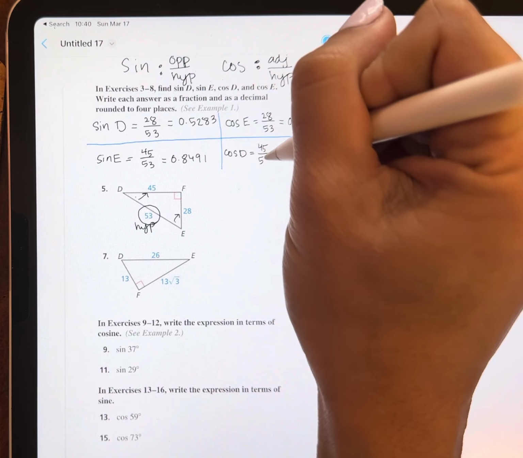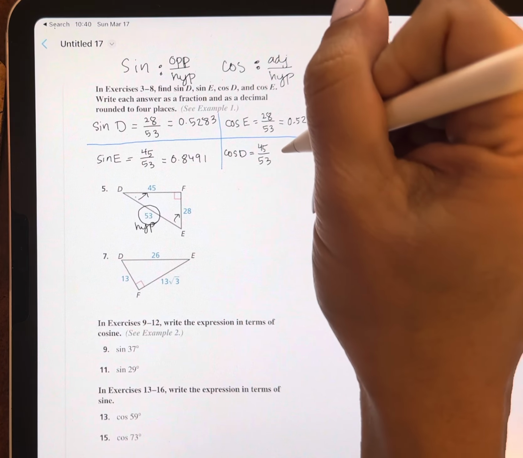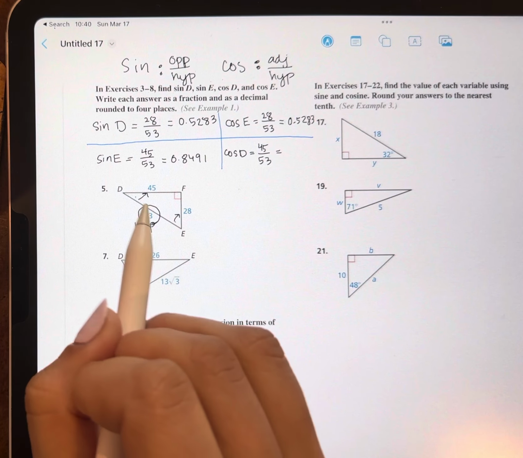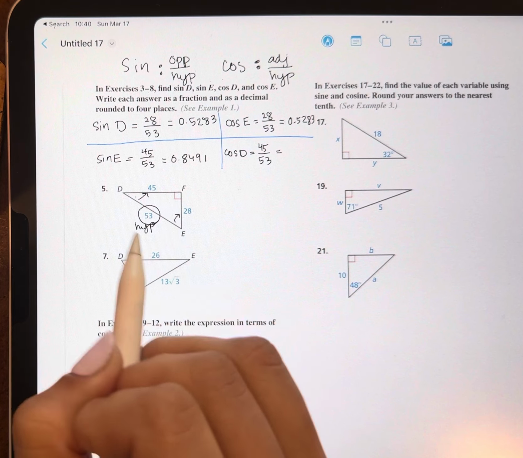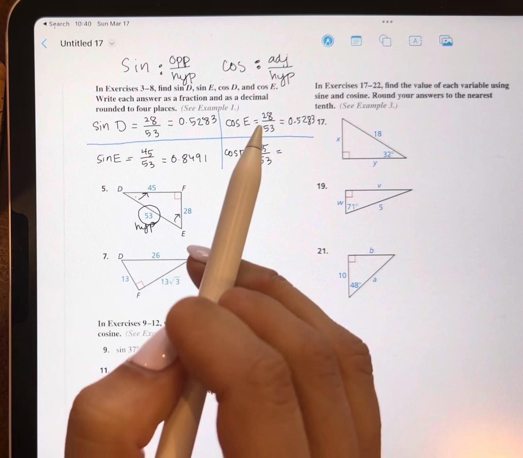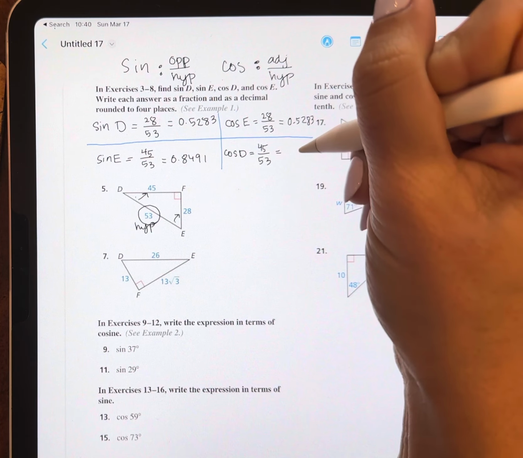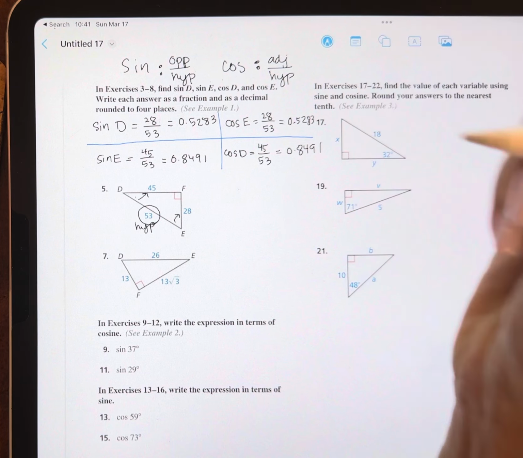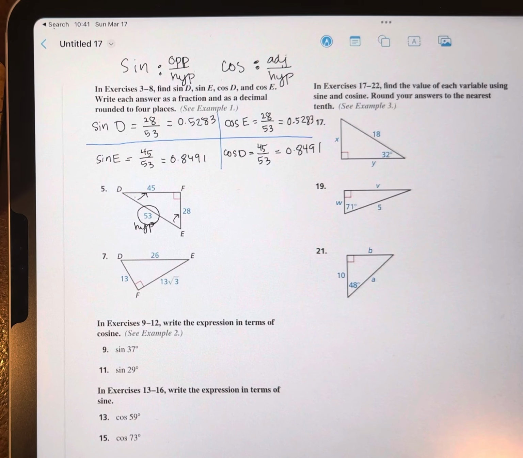Hypotenuse is 53, so I get the same ratio, 0.8491. These two angles are complementary because they add up to 90, since 90 plus that other 90 is 180. So you can see the relationship between sine and cosine of complementary angles. Very, very interesting.